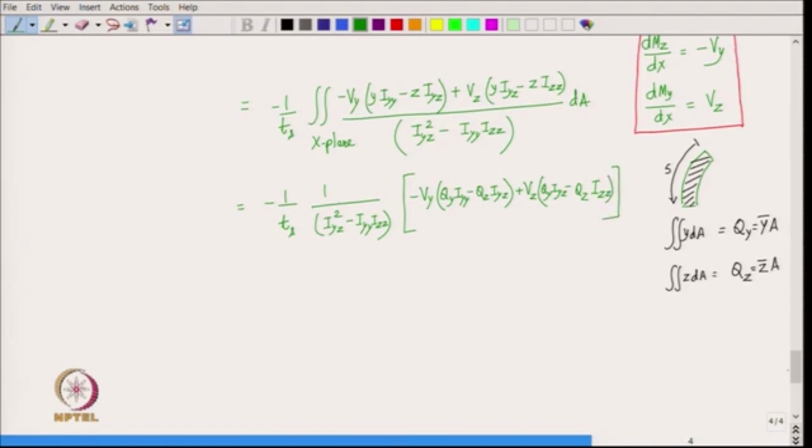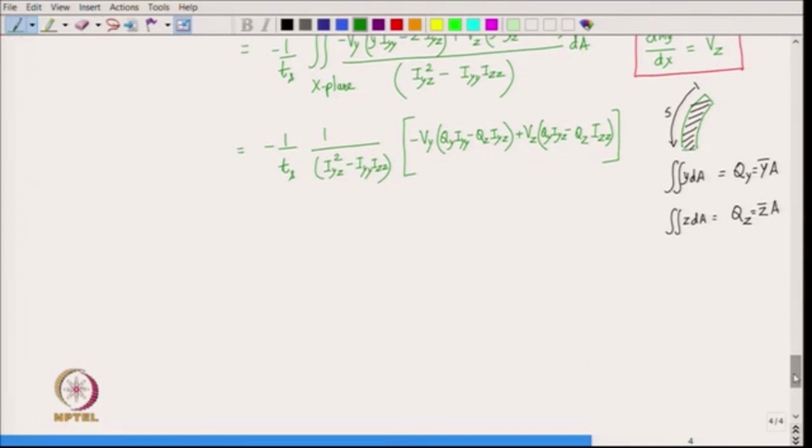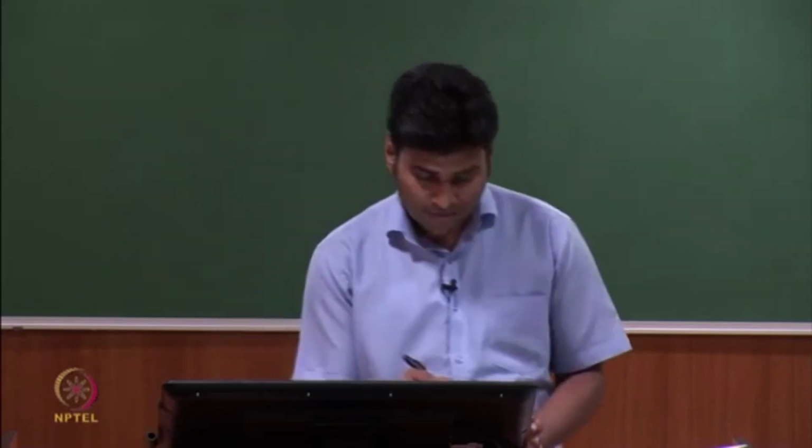Okay. So, this is again a very messy formula, because we have an unsymmetrical cross section, but let us try to find out a special situation. What if our y and z axes are aligned along the principal axes?